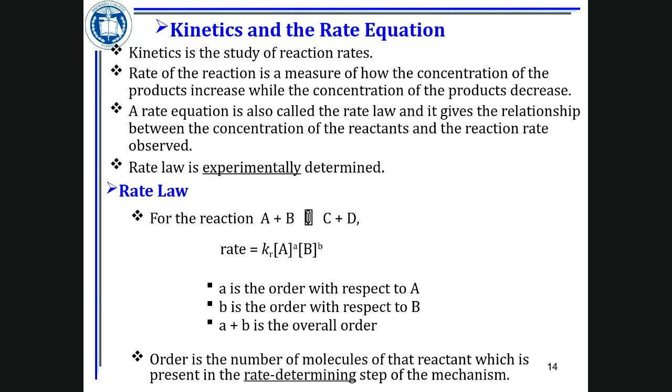The general rate formula is k times the concentration of the first reactant to the power of a, times the concentration of the second reactant to the power of b. The power that we have here is the order of the reaction.